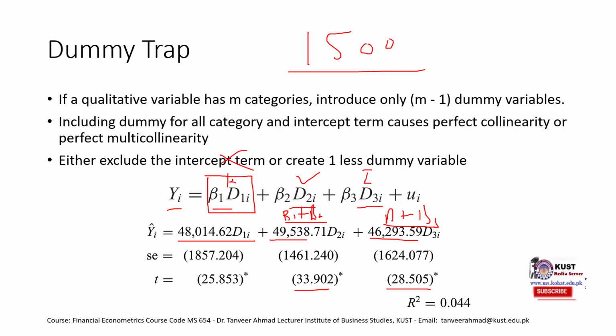So normally we aren't interested in this value, we are normally interested in the differential coefficient. And the differential coefficient answers the question that whether or not the categorization makes a difference, and if so, by how much. So if a categorization makes a difference, how much difference it would make.